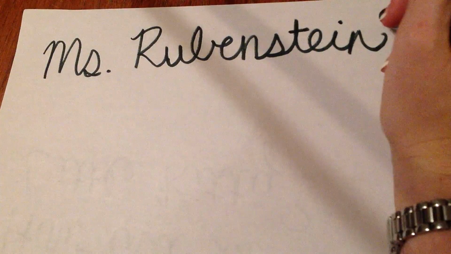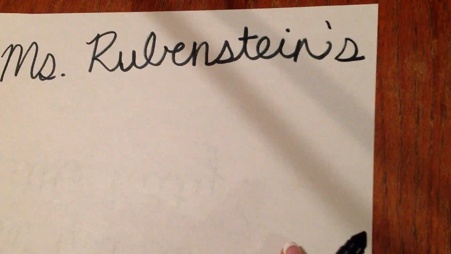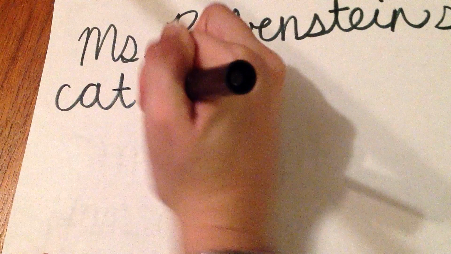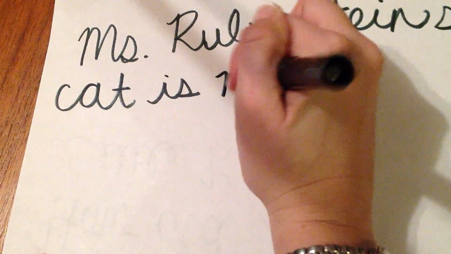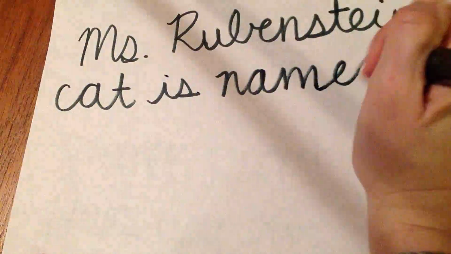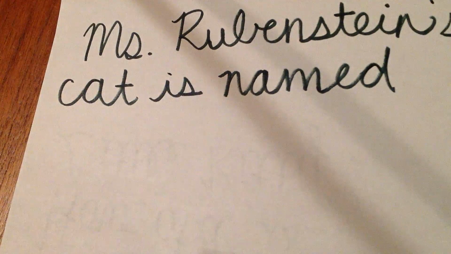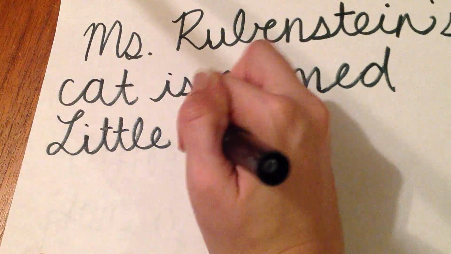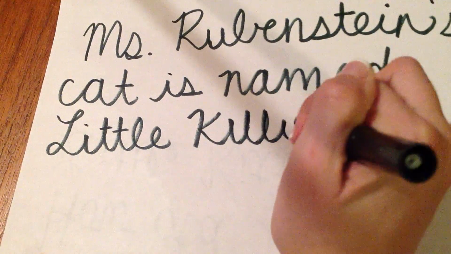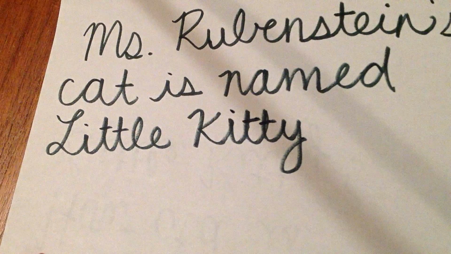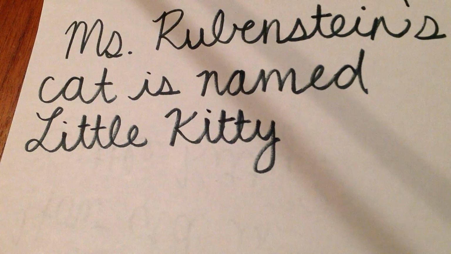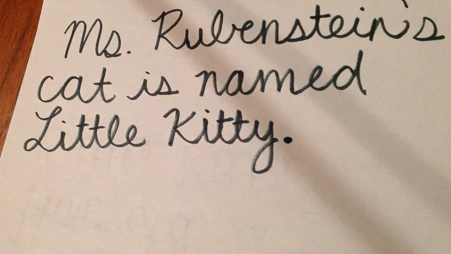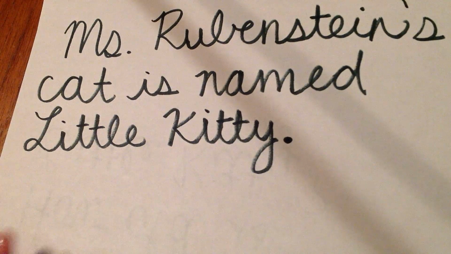Miss Rubenstein's, apostrophe S, cat is named, and once again it's her name, Little Kitty. And am I telling you or am I asking you? That's right, I'm telling. So I need a period. That is a declarative sentence.